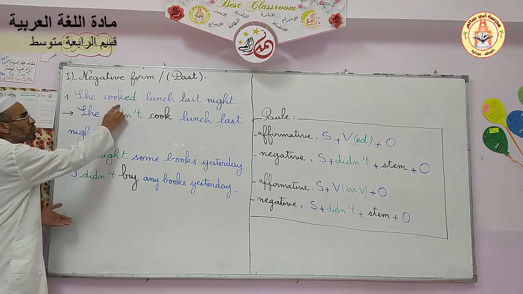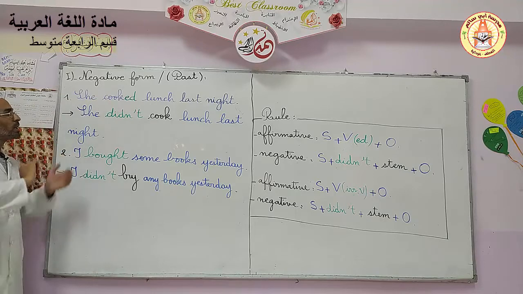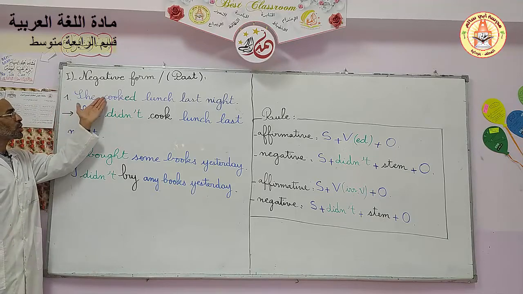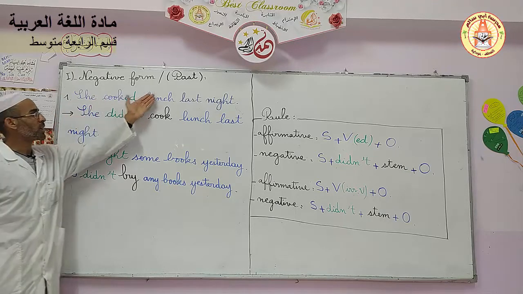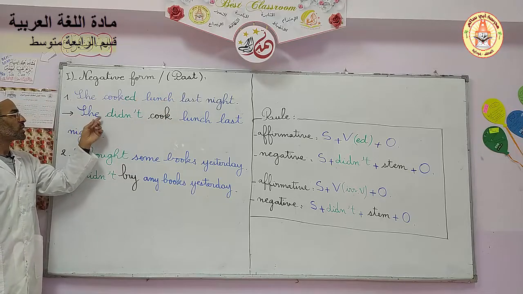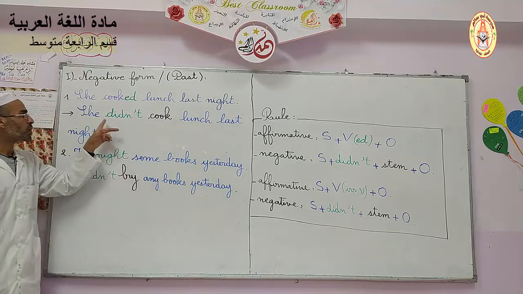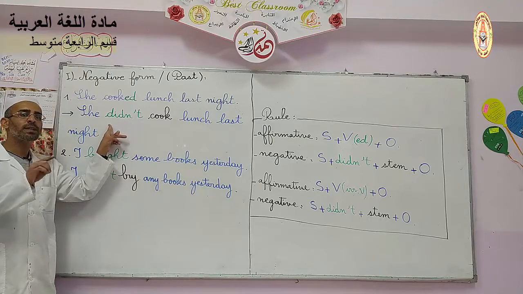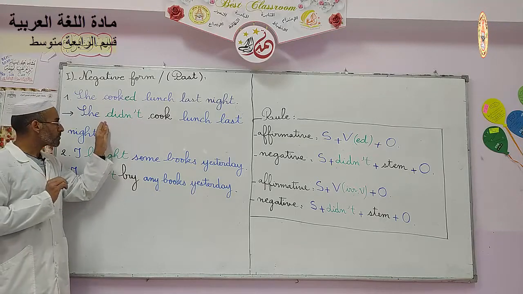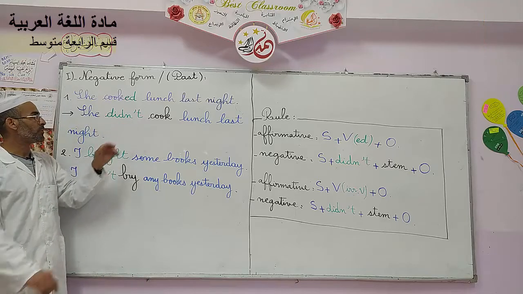Here we have she cooked lunch last night. We say she didn't cook lunch last night. So didn't is the negative form.